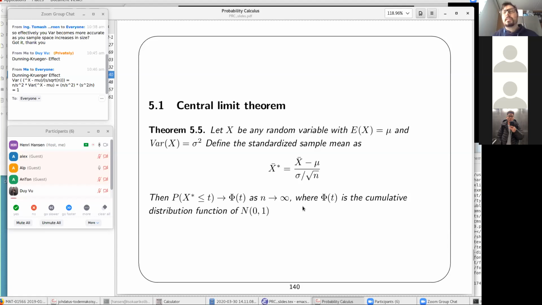And what happens is that if you take a larger and larger sample, then this normalized quantity will have a distribution that resembles the 0,1 normal distribution more and more. Most of the analysis in statistics hinges on this theorem, meaning that as n approaches infinity, this normalized variable has a normal distribution.